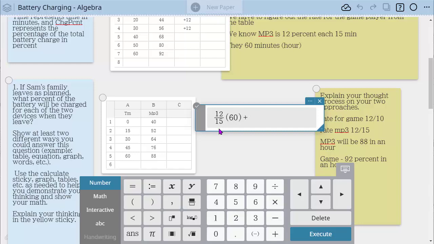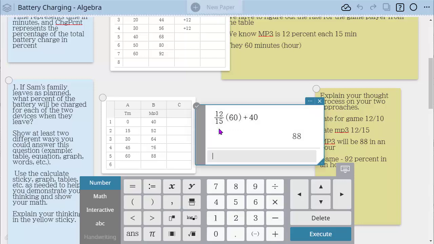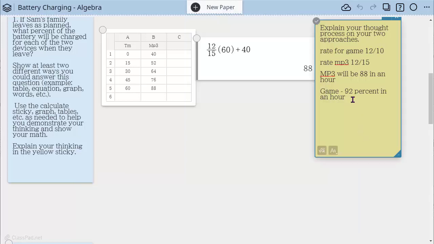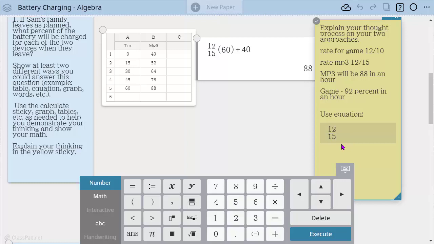And I know I started at 40%. And so using an equation or an expression, I could use this equation. And I probably want to use my math type, so that's the nice thing about these. You can actually do math type here so that I can see my expressions.